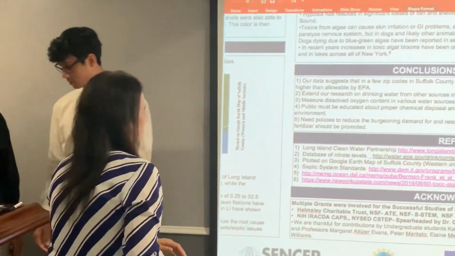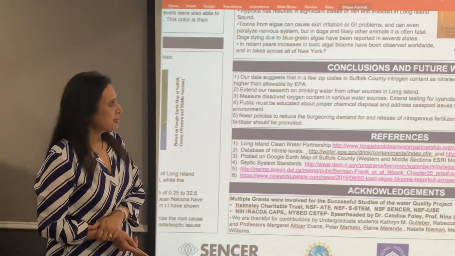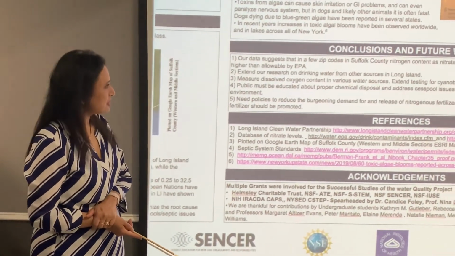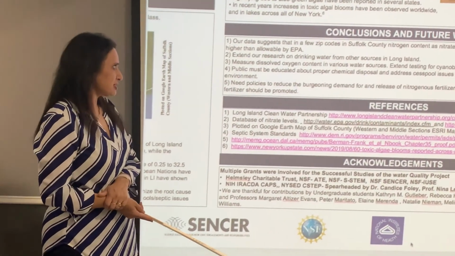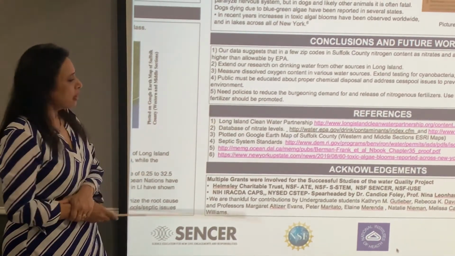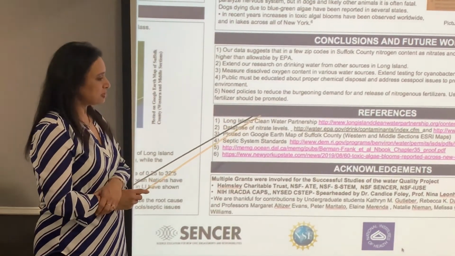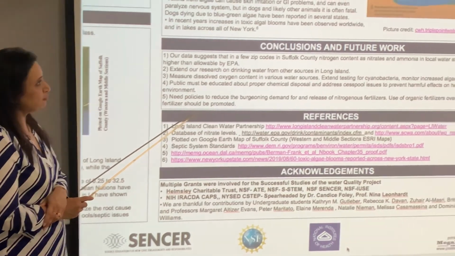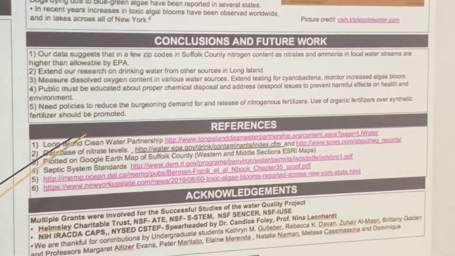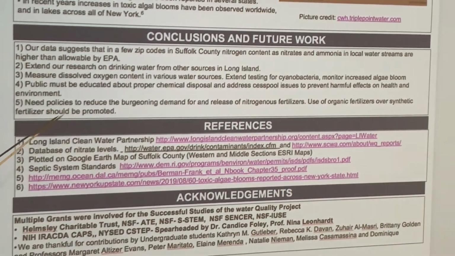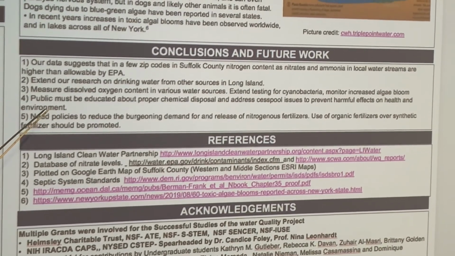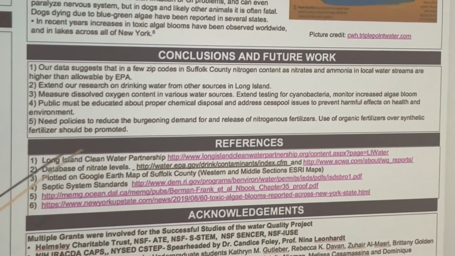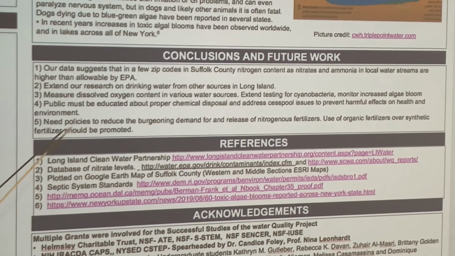Thank you, Shreyas, for educating us on the serious effect on the oxygen cycle caused by excess nitrates. As you can see, our data did suggest that we had increased levels of nitrates and ammonia in our water system. So we obviously want to extend this research to other sources of drinking water.